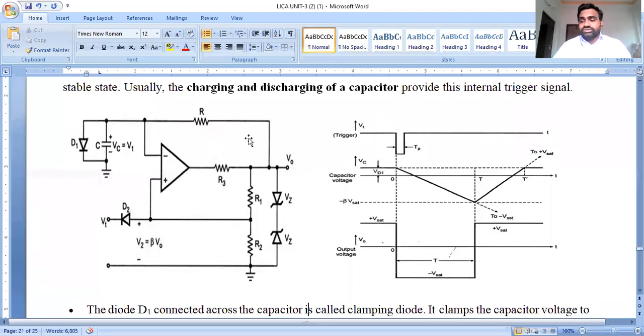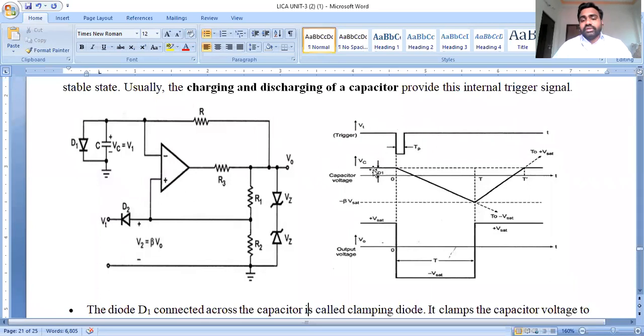That's why this entire monostable multivibrator is called a one shot multivibrator. This negative shot is applied at the VT terminal.